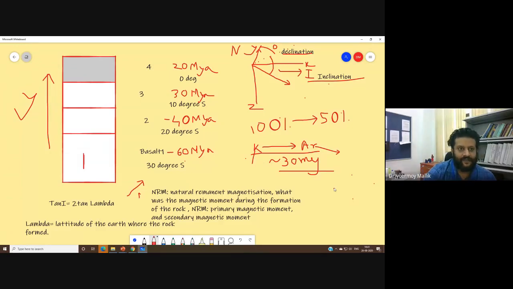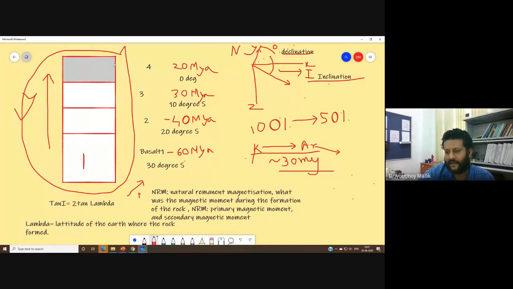Now I know that, for example, I have analyzed this rock in Bhopal. So the rock currently sits in Bhopal. And what is the latitude of Bhopal? Some 23 degrees. You have the Tropic of Cancer very close to Sanchi, so I can take that value as 23.5 degrees north.